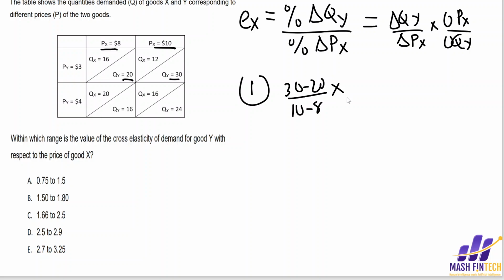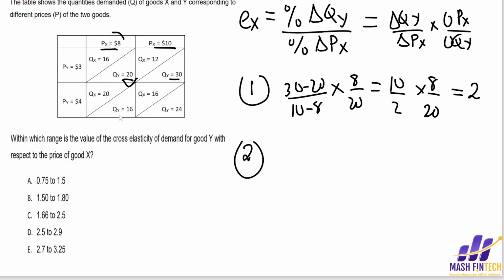You multiply by the original values. Original price is 8 here, and original quantity is 20 here. Okay, so you have 10 over 2 times 8 over 20. So 80 over 40, it's a 2.